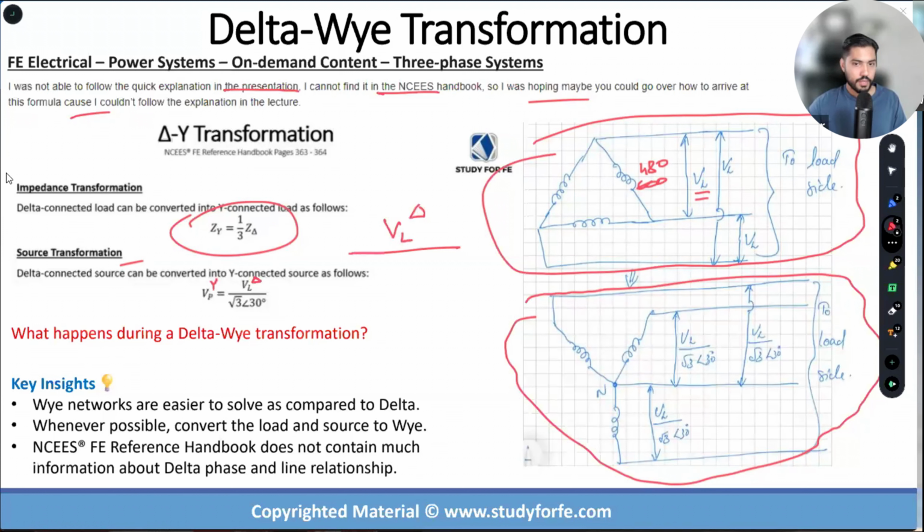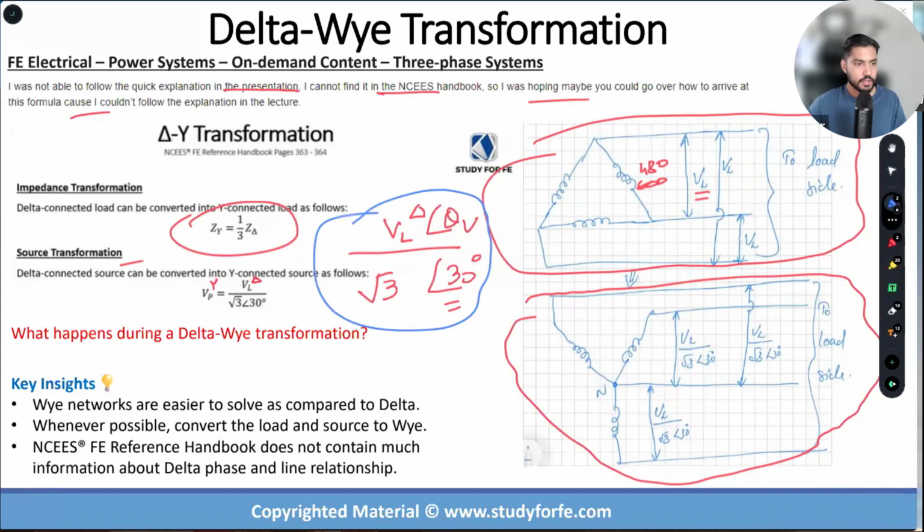of a delta. When I divide it by square root 3 and I reduce the angle, so let's say this has an angle of theta V. When I pull this angle back by 30 degrees, and that is done by showing this 30 degrees in the denominator. Okay.